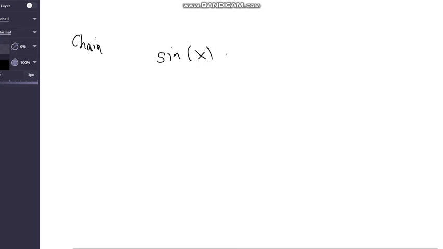So let me show you what that is. The derivation of sine of x is cosine, by the way. I'm not going to go through the trig derivations or log derivations in this video. So this would be cosine x times basically this inside value, derived 1, times 1, and that would be cosine x.